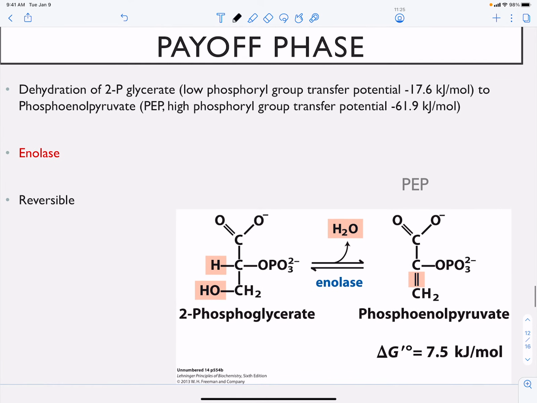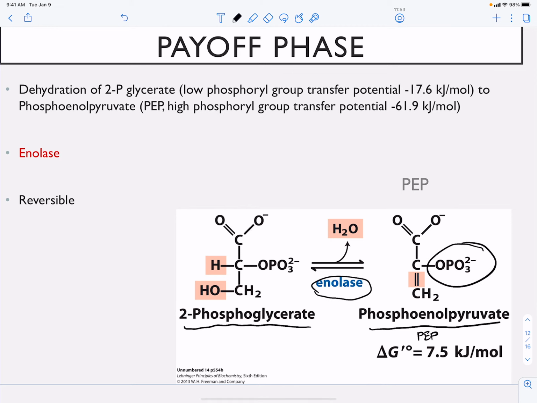Now in step 9, you're going to have that 2-phosphoglycerate, and you're going to have a dehydration of this. And you're going to do this so that you can have a lower phosphoryl group transfer potential. And this will be transferred to phosphoenolpyruvate, or PEP. Now this is done through an enolase, and this is a reversible reaction, so we haven't yet gotten rid of our phosphate group.